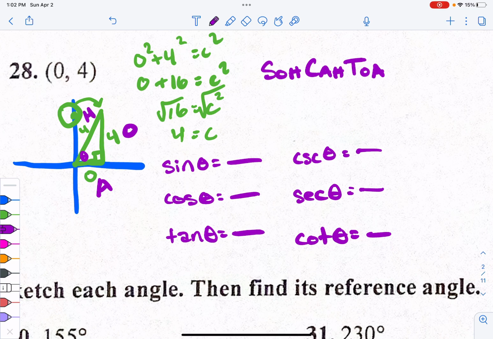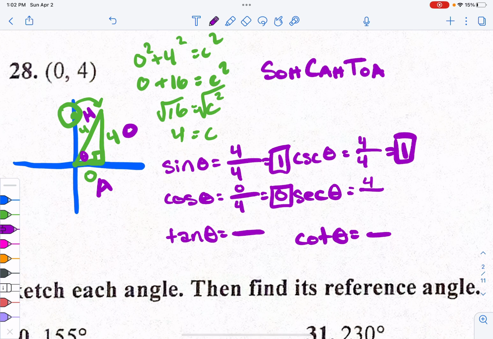All right, so sine is opposite over hypotenuse, which is 4 over 4, which reduces to 1. Cosecant, if I flip it, is also 4 over 4, which is 1. So that one's kind of exciting. Cosine is adjacent over hypotenuse, is 0 over 4. And 0 divided by anything is just 0. Okay, this one, if I flip it and make it 4 over 0, anything divided by 0 is undefined.